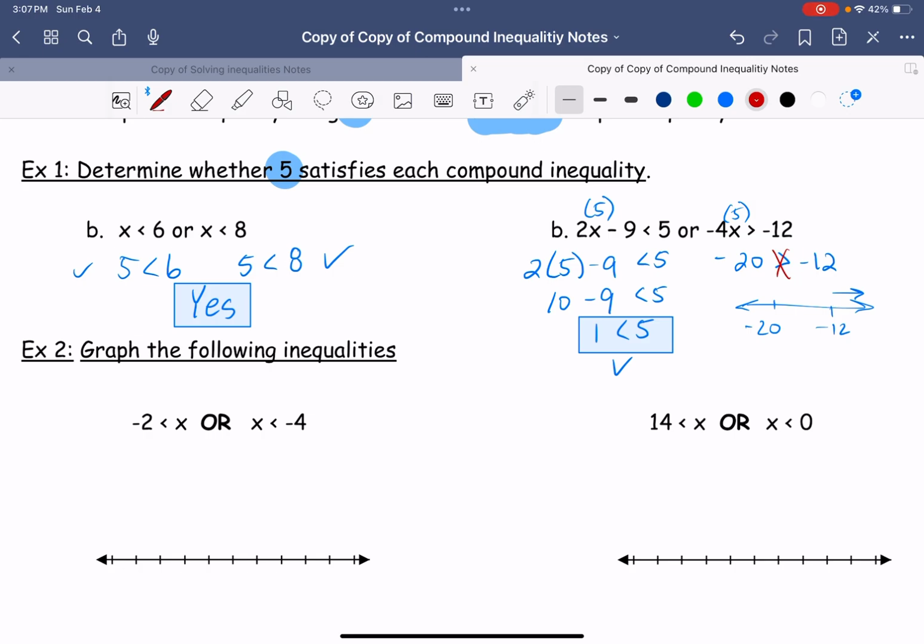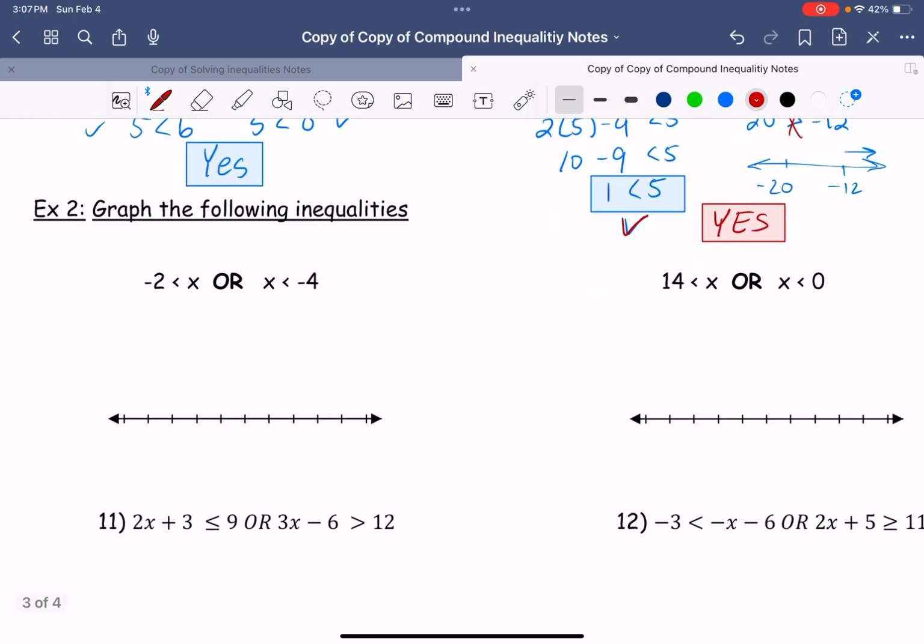But it doesn't matter because this is an or statement, right? And since we have an or statement and one of these is true, we do have a solution. Only one of them applies.